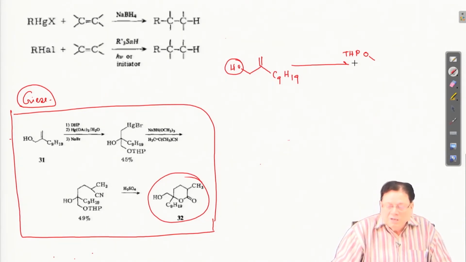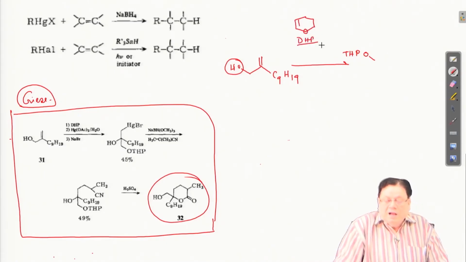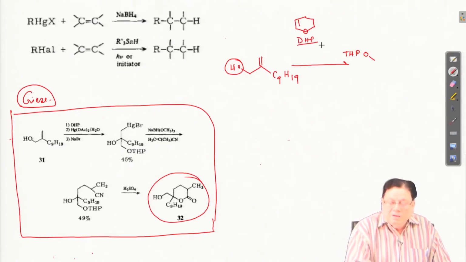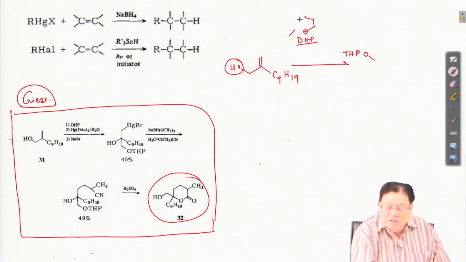The protection is done with what is called DHP, the reagent dihydropyran, and when the alcohol that you want to protect adds to this double bond, the double bond will not be there, and that will be called a tetrahydropyranyl derivative.